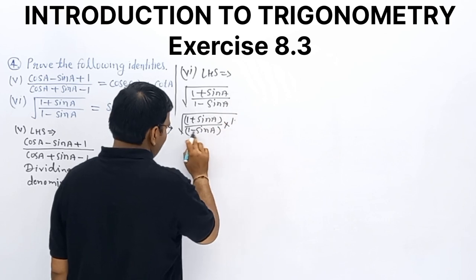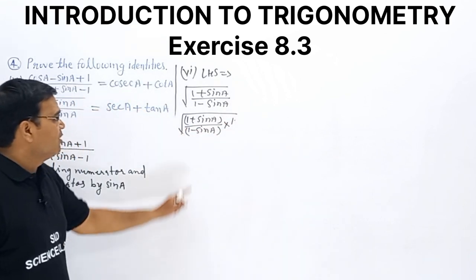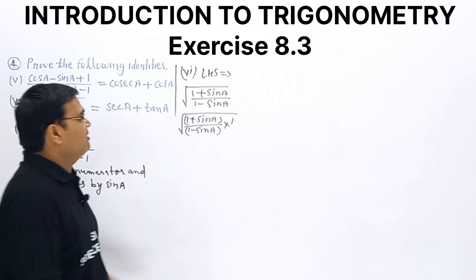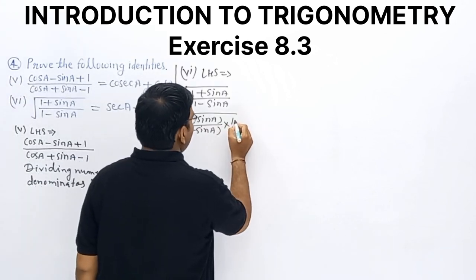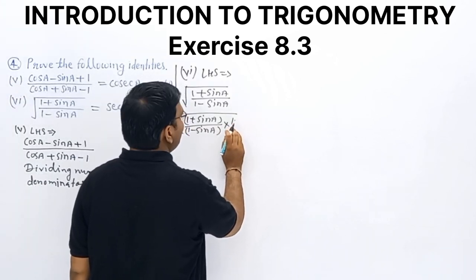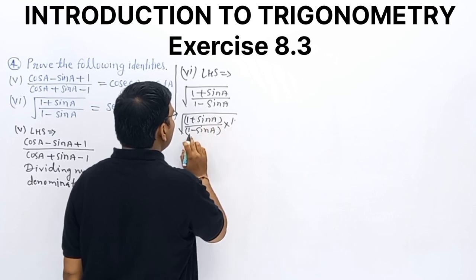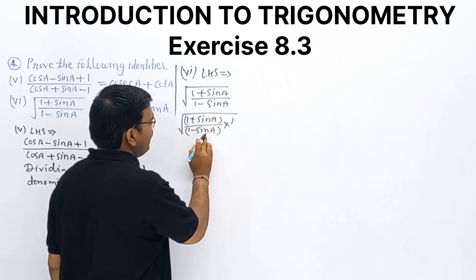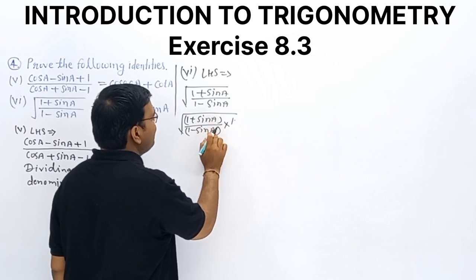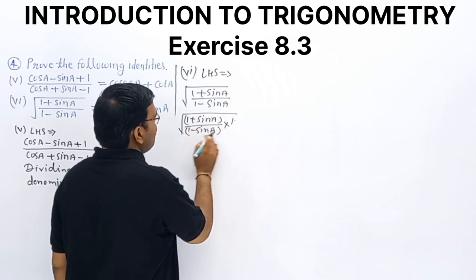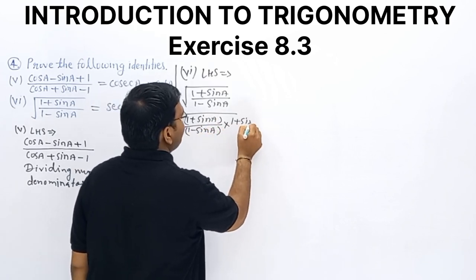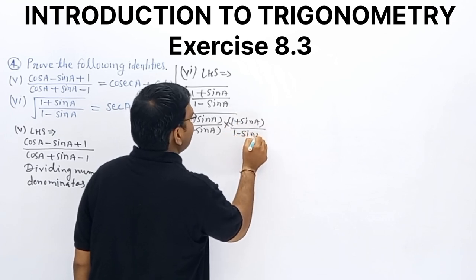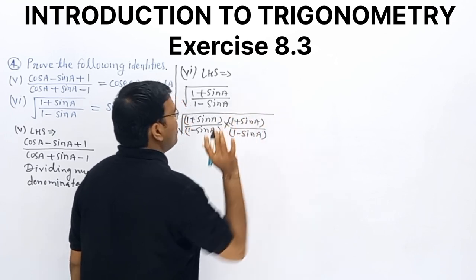Its denominator is 1 minus sin A, and its conjugate will be 1 plus sin A. So we will multiply numerator and denominator by 1 plus sin A, its conjugate. These all things we are doing inside the square root.